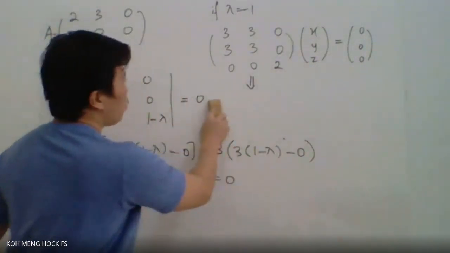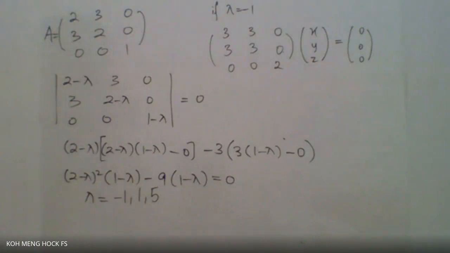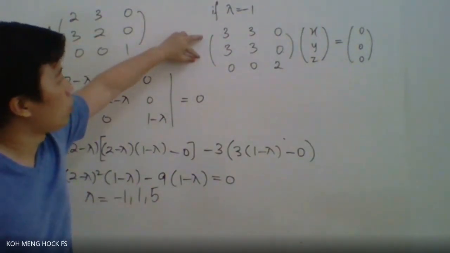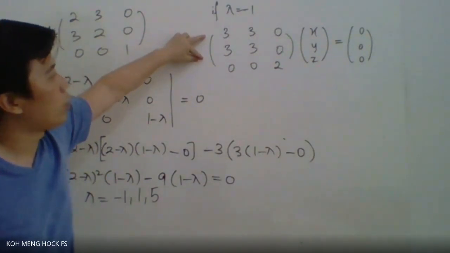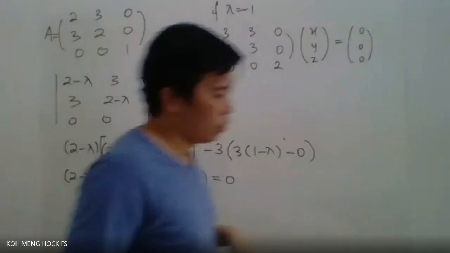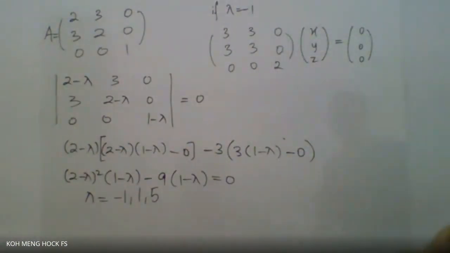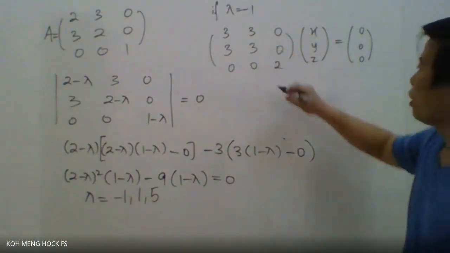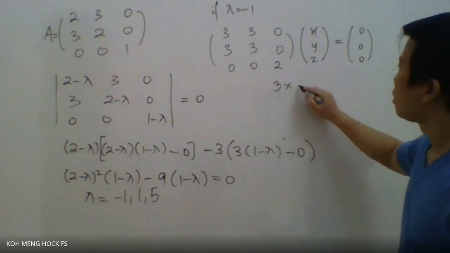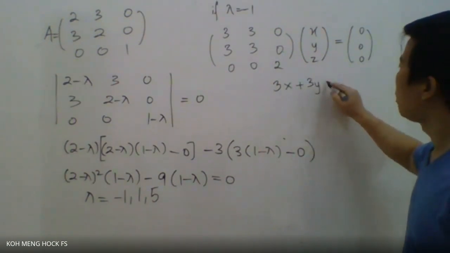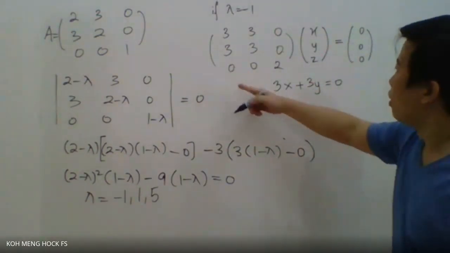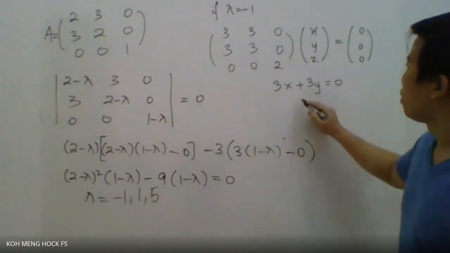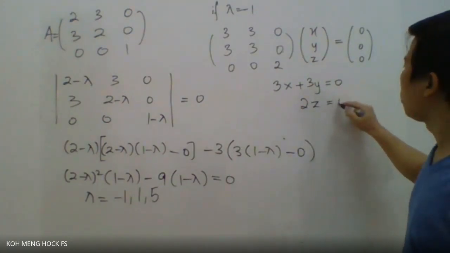Remember what we talked about just now. You have 3 unknowns, but you have rank 2, so you will have to write your solution based on the third one. So here you can have 3x plus 3y equals to 0, and then you have 0, 0, and then 2z equals to 0.